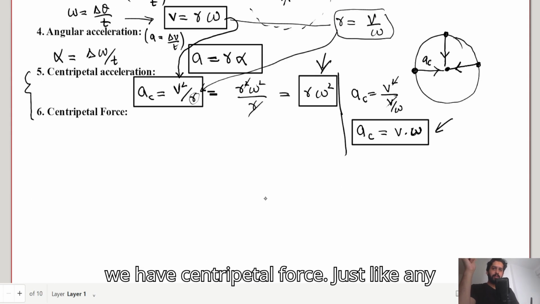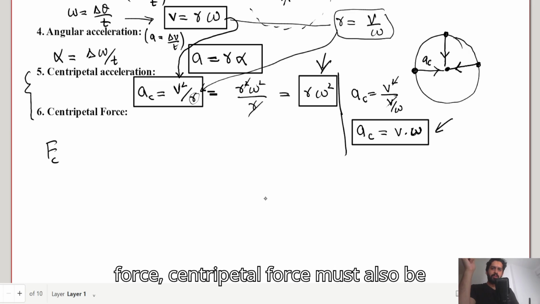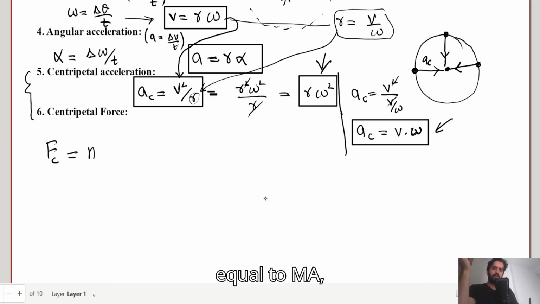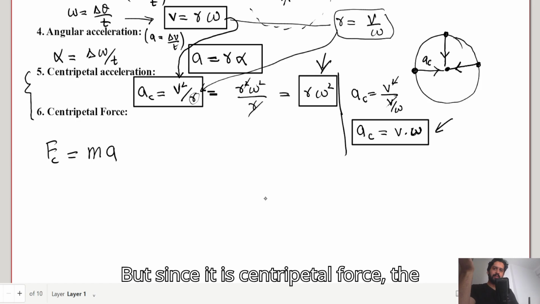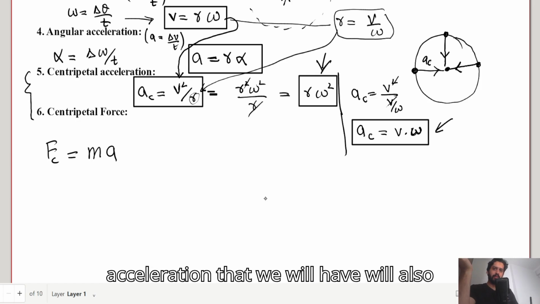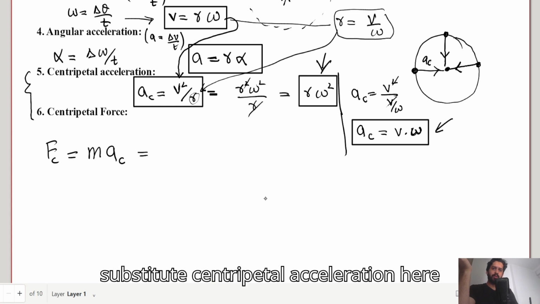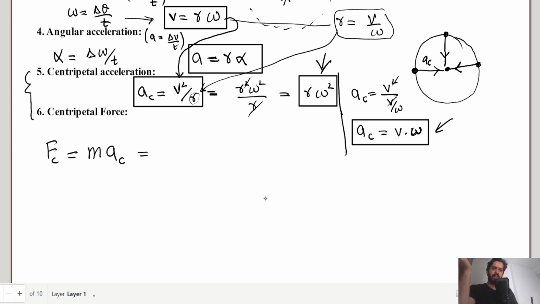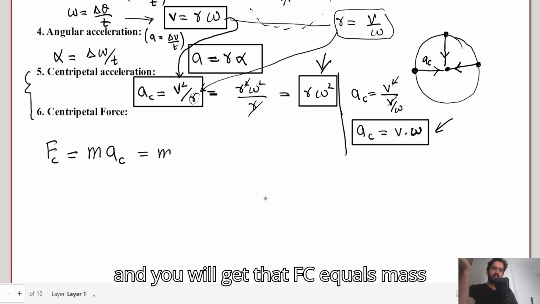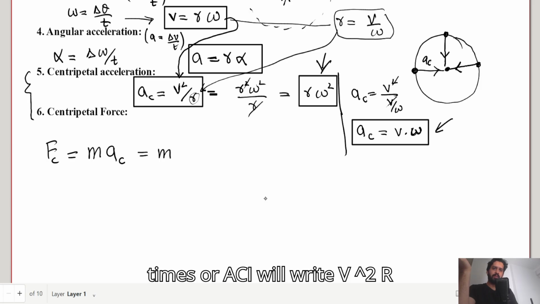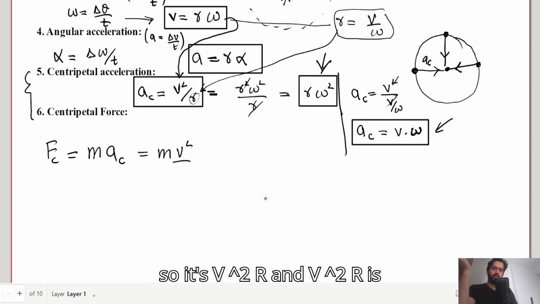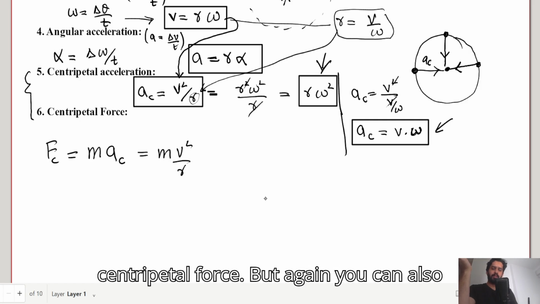Finally, we have centripetal force. Just like any force, centripetal force must also be equal to ma. But since it is centripetal force, the acceleration that we will have will also be centripetal acceleration. So you can substitute centripetal acceleration here, and you will get that Fc equals mass times, for AC, I will write v square over r. So it's m v square over r, which is centripetal force.